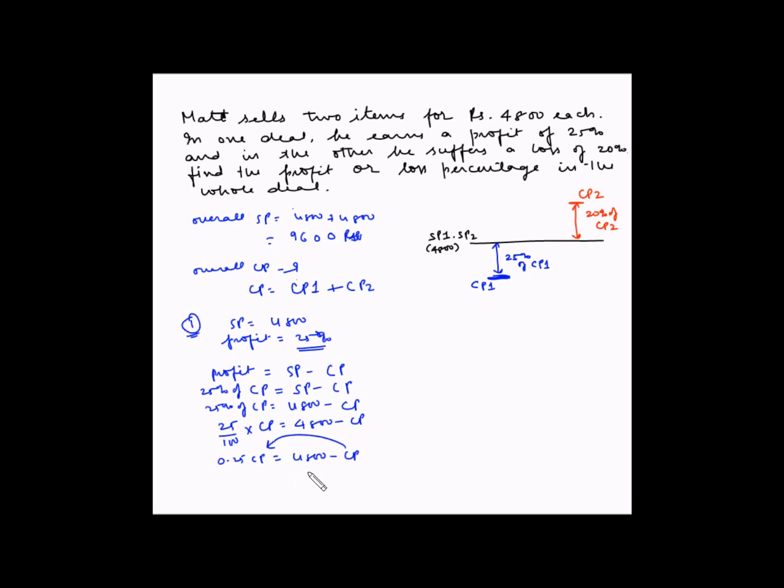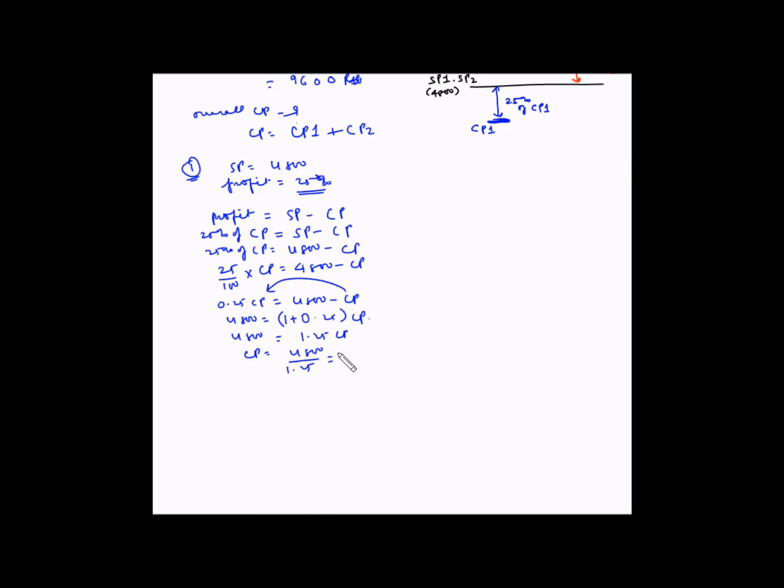So bringing CP here, 4800 is equal to 1 plus 0.25 times CP, or 4800 is equal to 1.25 CP. CP is equal to 4800 divided by 1.25, and 4800 divided by 1.25 is 3840. So this is 3840.